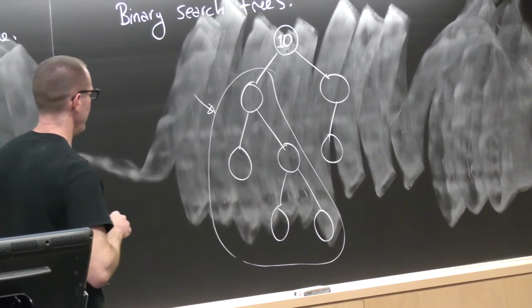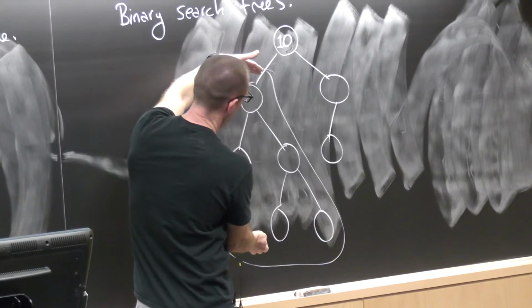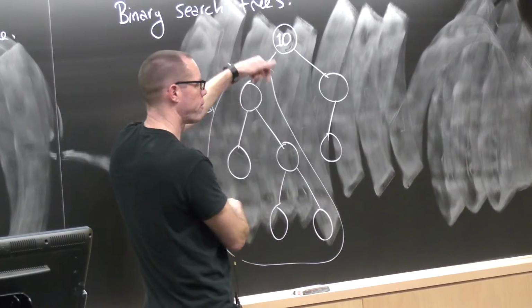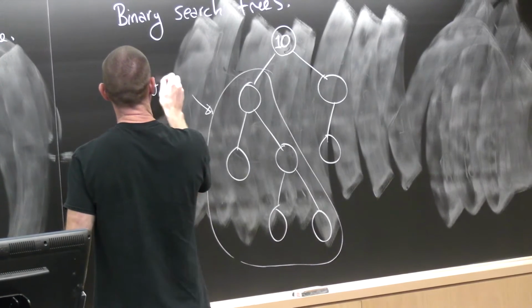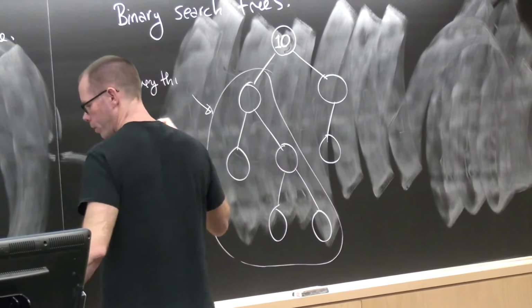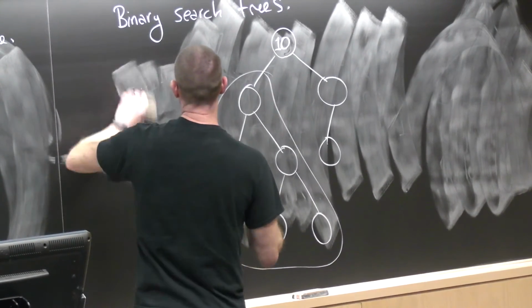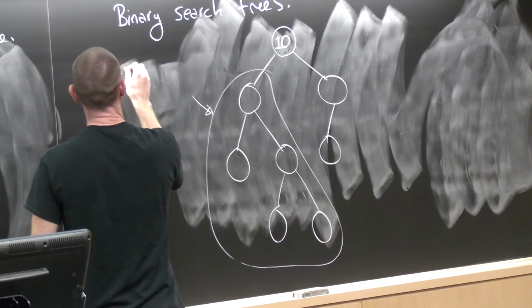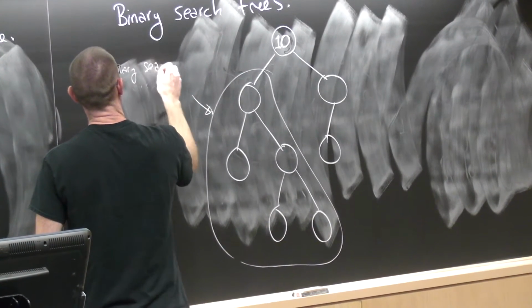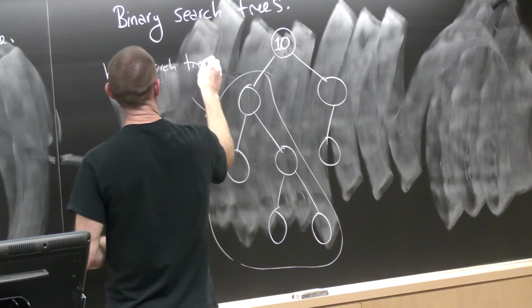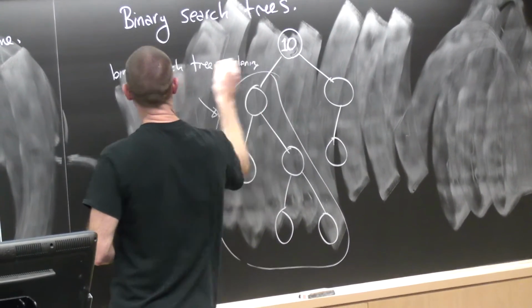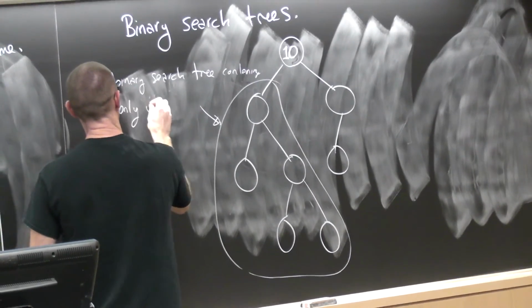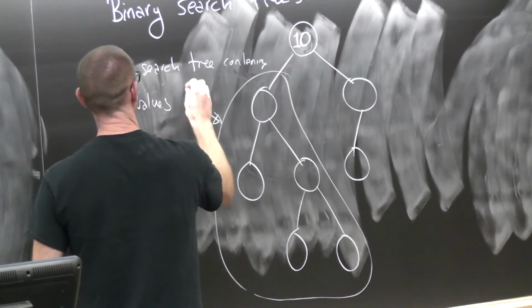The left child is also a binary search tree. And everything, so let's call this a binary search tree containing only values smaller than 10.